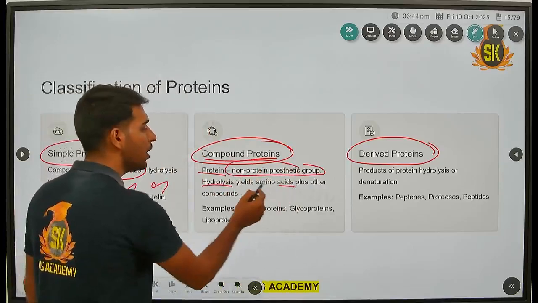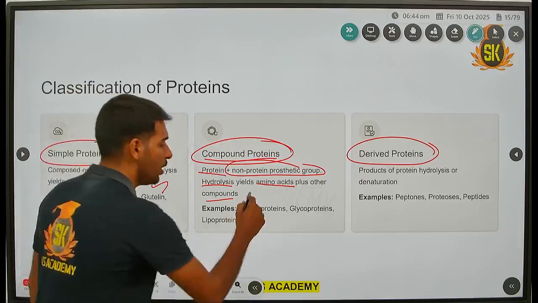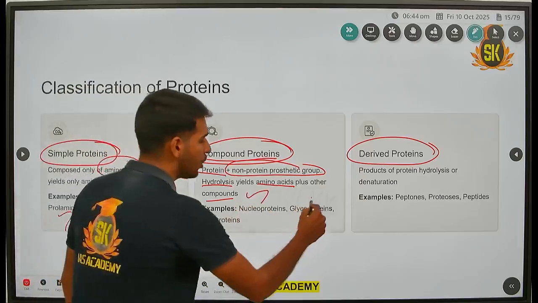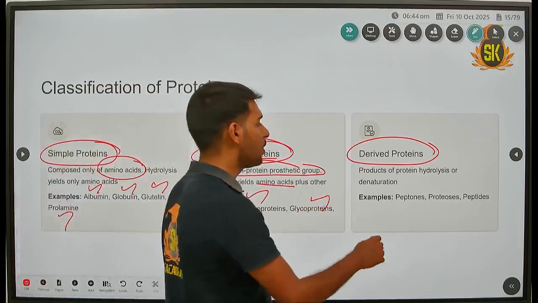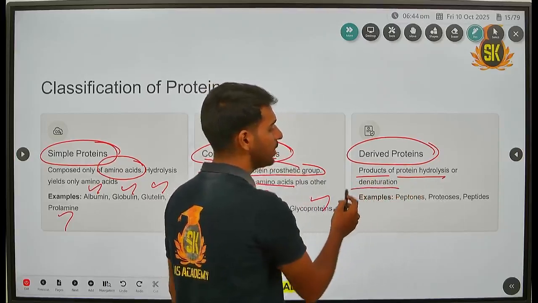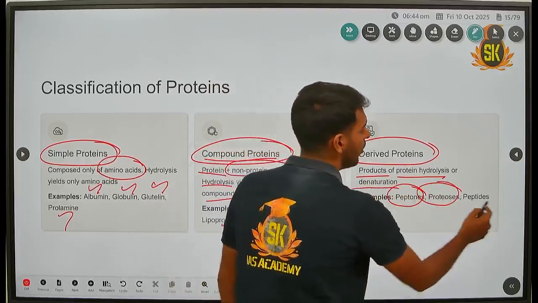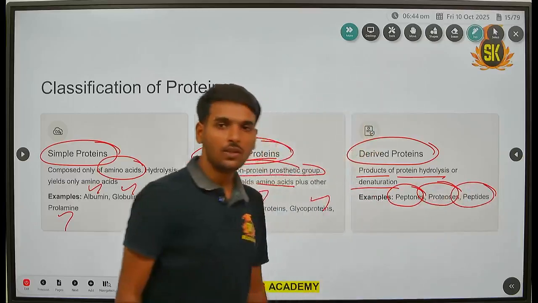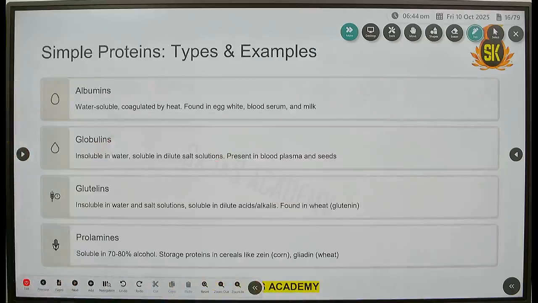Hydrolysis yields both amino acids as well as other compounds. Examples: nucleoproteins, glycoproteins, lipoproteins. Derived proteins: products of protein hydrolysis and denaturation. Examples: peptones, proteoses, peptides.